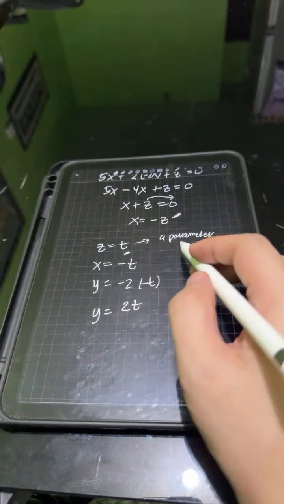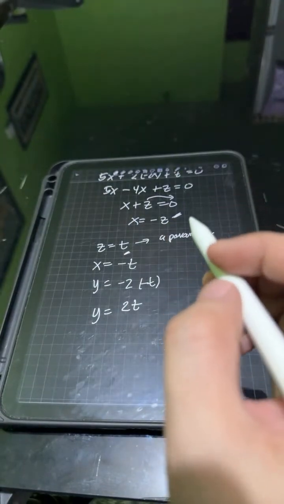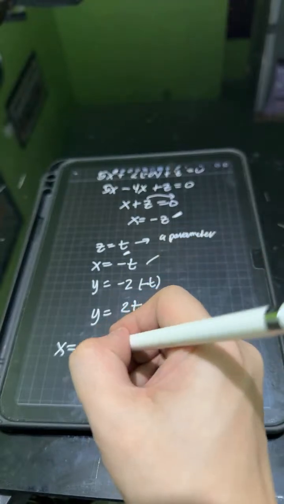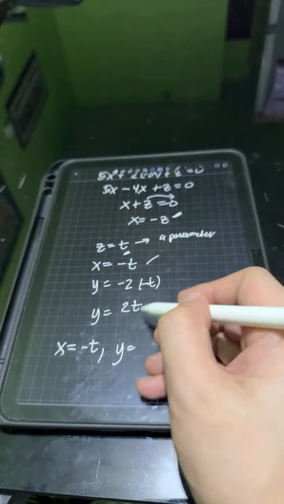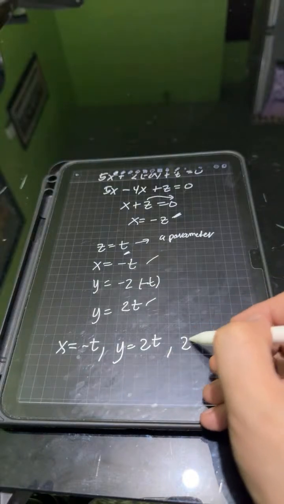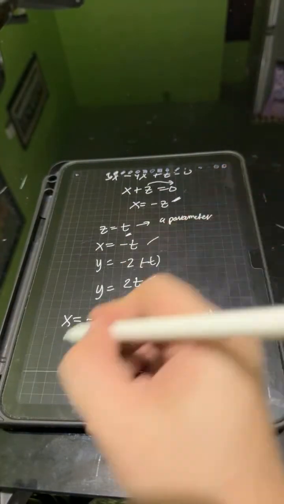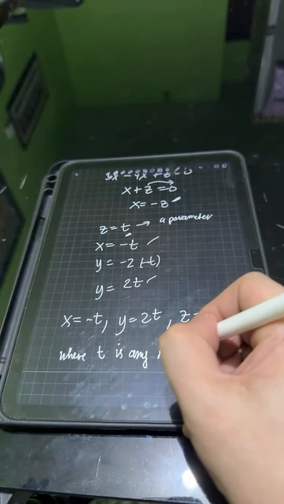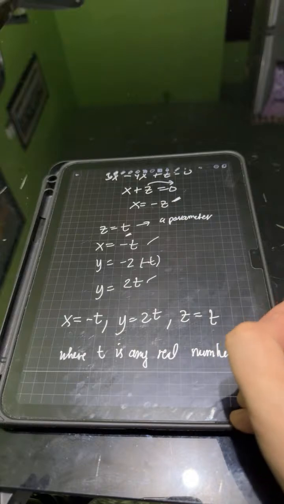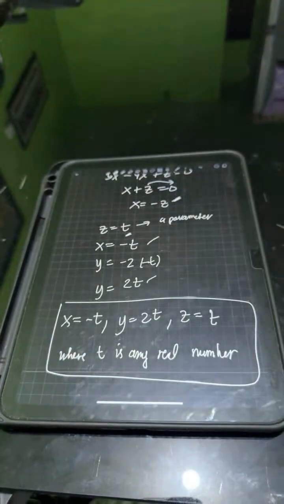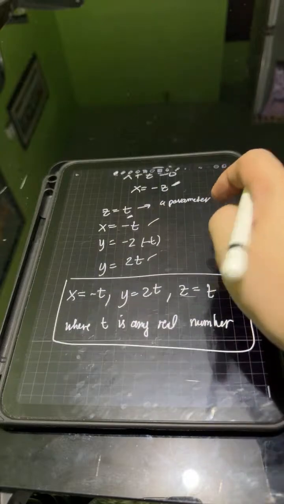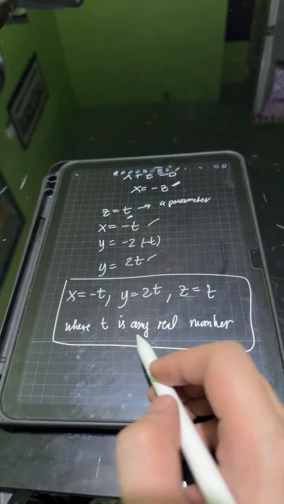We created the parametric solution set of the linear equation, which is x is equal to negative t, y is equal to 2t, and z is equal to t, where t is any real number. So this is the solution set, and this will be infinitely many, because you can assign any value of t here as long as it is a real number.